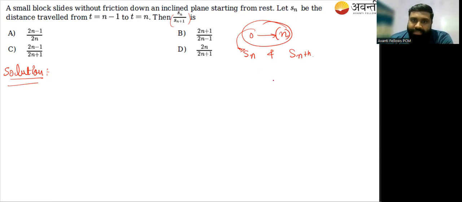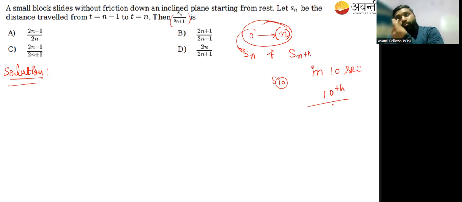Like S10 means in 10 seconds, what is the distance traveled? But S10th means in the 10th second, from 9th to 10th, that 1 second. In that particular 1 second, what is the distance traveled?